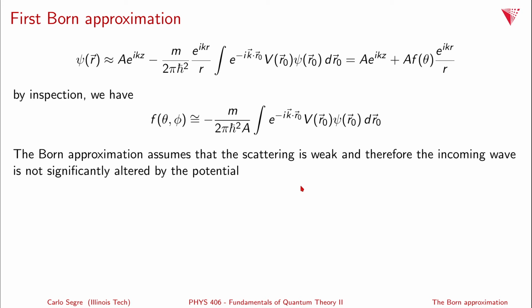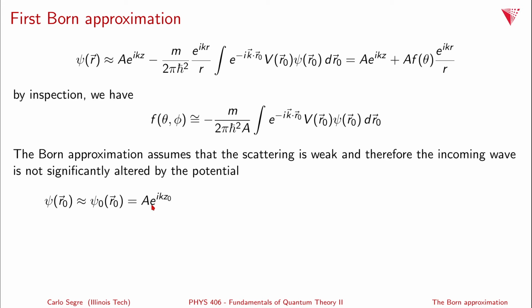Now, the Born approximation we can now invoke assumes that the scattering is weak, and therefore the incoming wave is not significantly altered by the potential. So that we can write psi of r0 is approximately equal to psi 0 of r0.